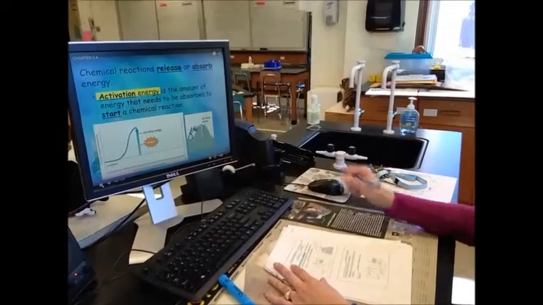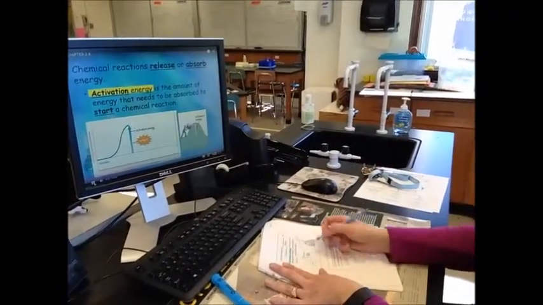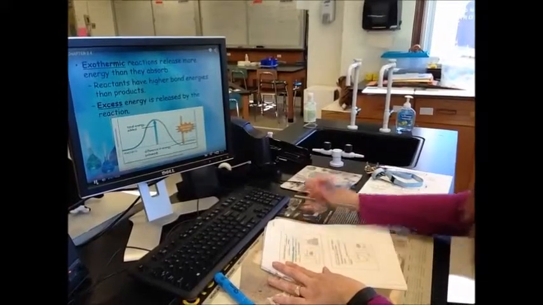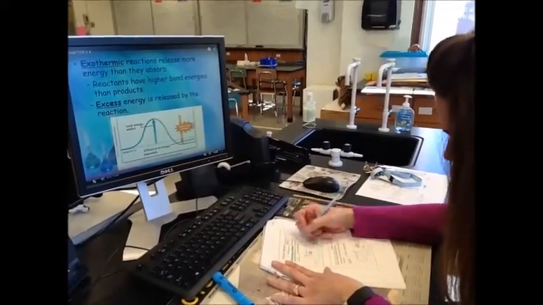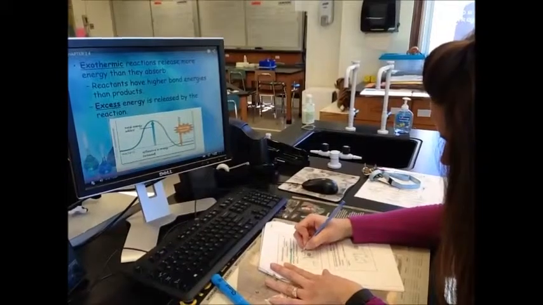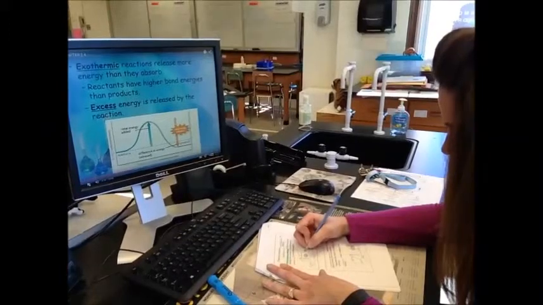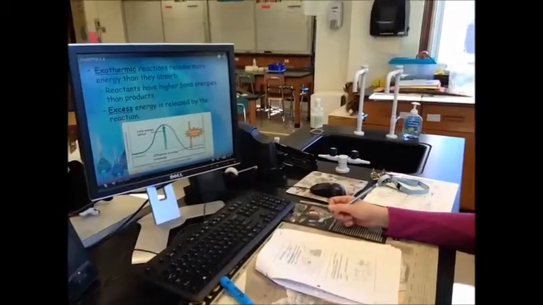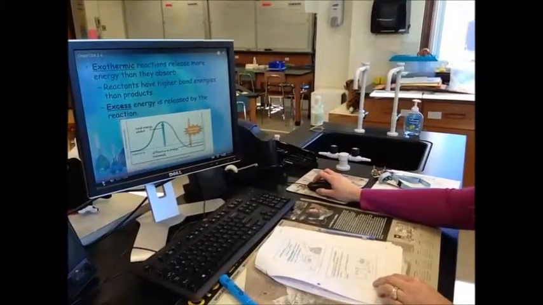You find the reactants before that hill, and the products are going to be after that hill. So the reactants are at the bottom, and the products at the top. Again, I wasn't sure, so I'm going to label my diagrams so it gives me a little bit better understanding of what it is that I'm looking at.